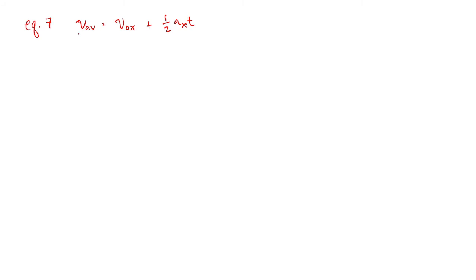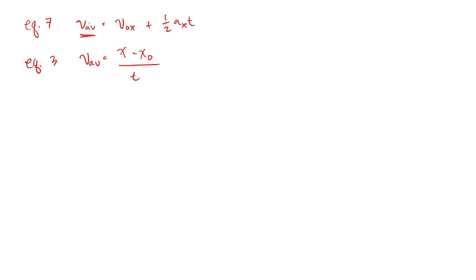As you may have remembered, we actually have a formula for this average velocity, wherein that is our equation number 3. Wherein our average velocity is actually equal to our x minus our x naught all over time. That is from our equation 3.